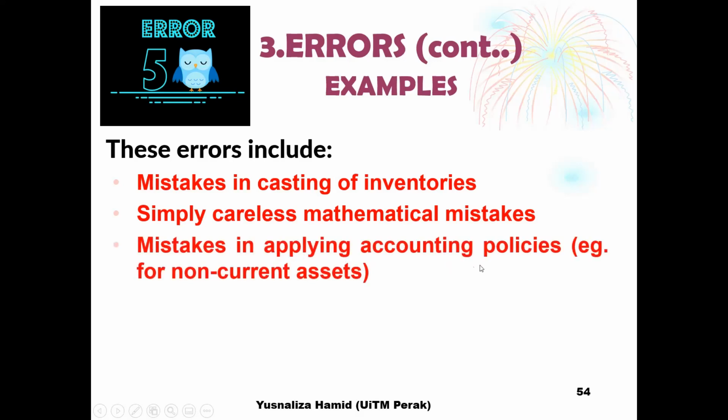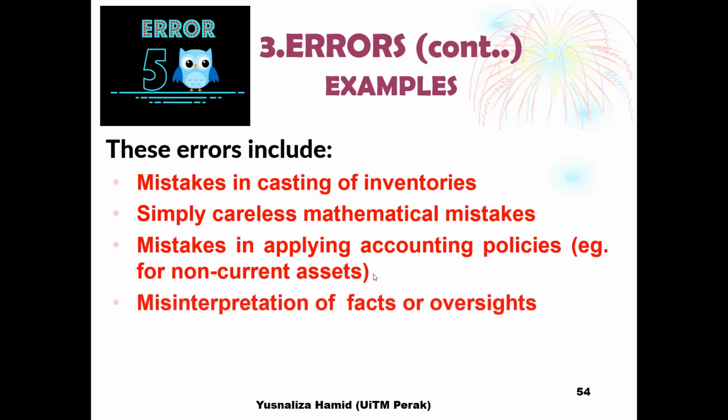Mistakes in applying accounting policies. Let's say you incorrectly apply the revaluation model to the item IP, where there is no such thing as a revaluation model for IP. Misinterpretation of facts or oversight. You misinterpret the facts or you have overlooked those facts, and that misinterpretation caused the error.